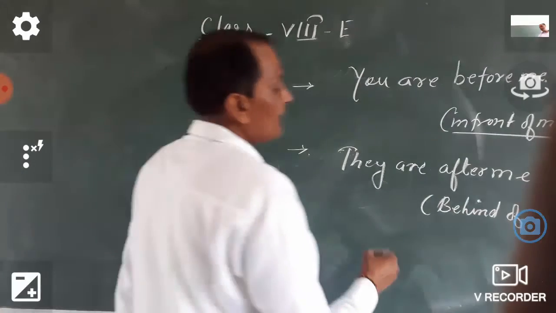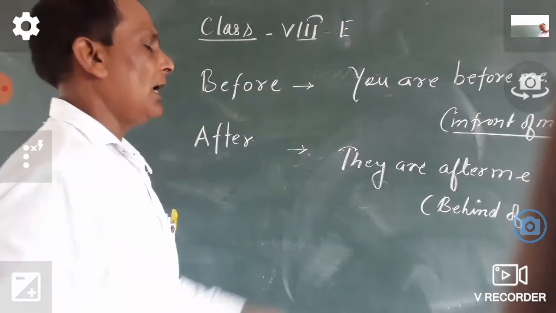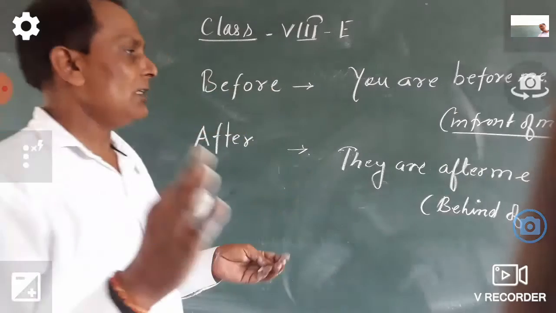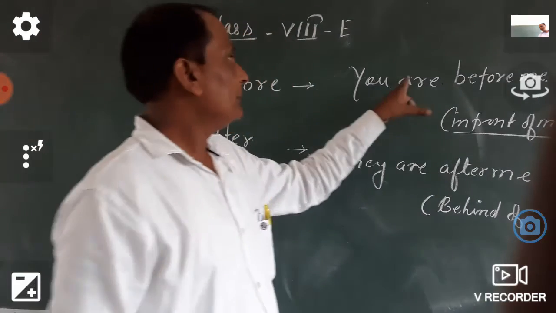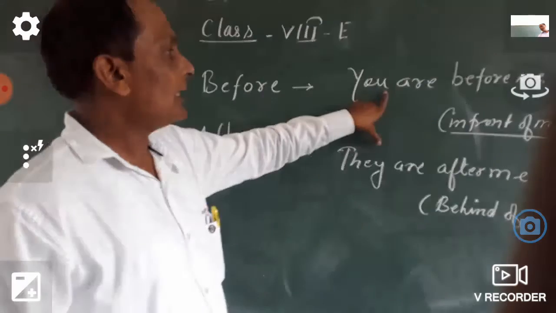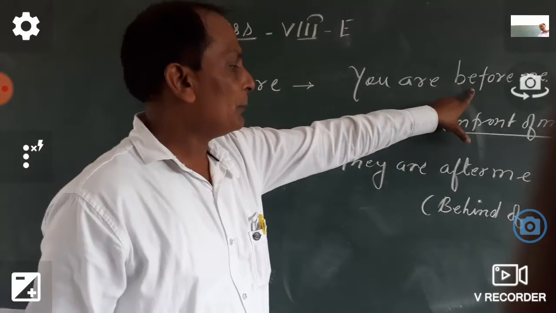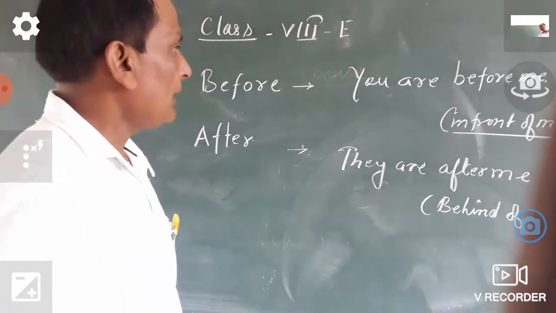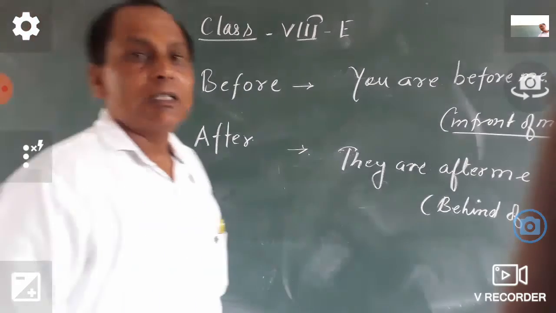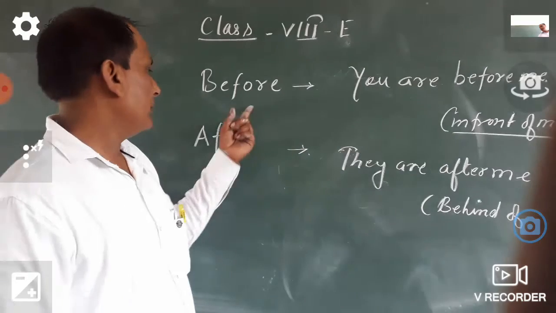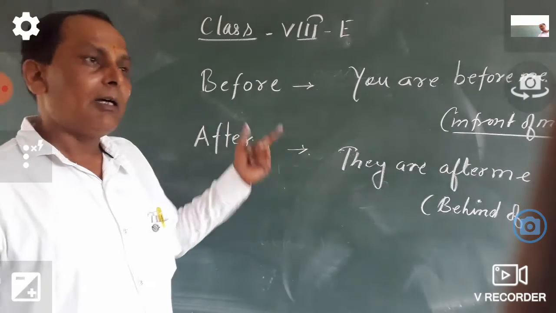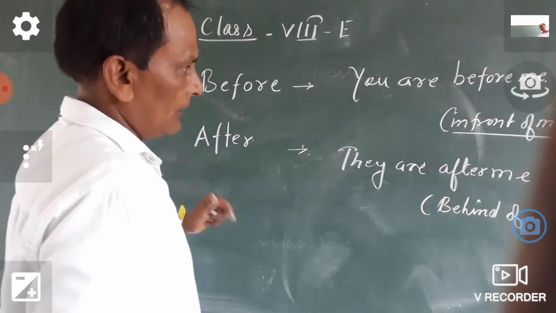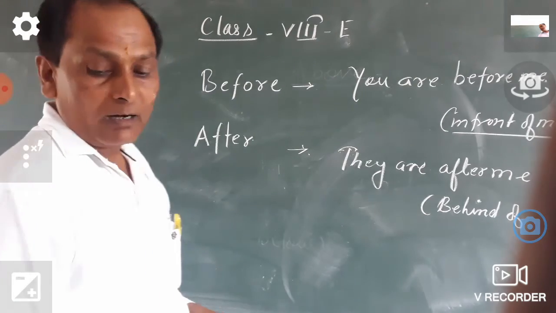Means they are giving their support to you. Are in a queue, they are just behind you. So in this way, you can learn the use of before and after in the chapter of preposition. In the chapter of preposition, you can learn before and after, above and below, as I have mentioned earlier at the start of the chapter.